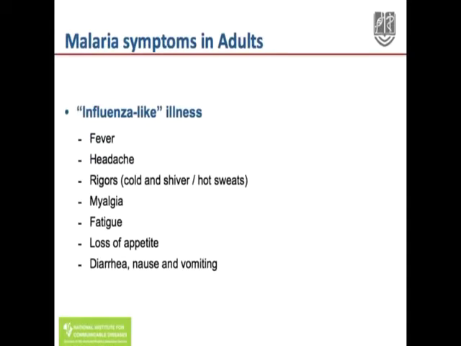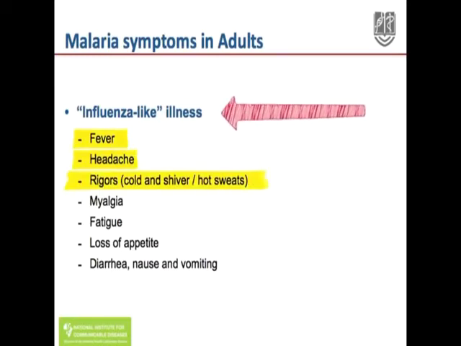Malaria symptoms in adults and in children differ. Most commonly, malaria presents as an influenza-like illness in adults, and the three commonest symptoms are fever, headache, and rigors. Typically, these occur in paroxysms with the onset of fever, then shivers, then sweats.